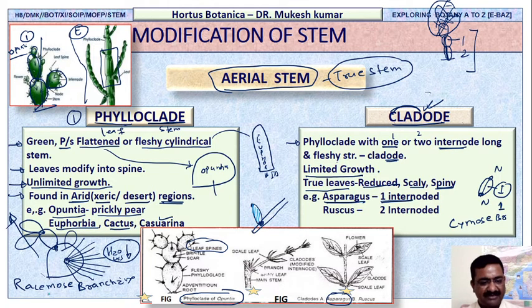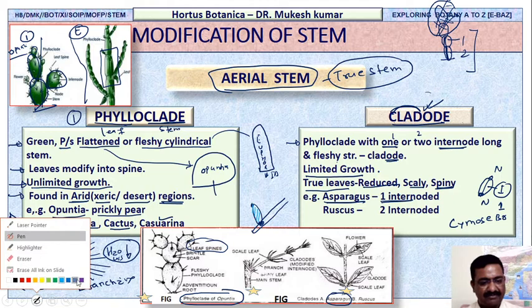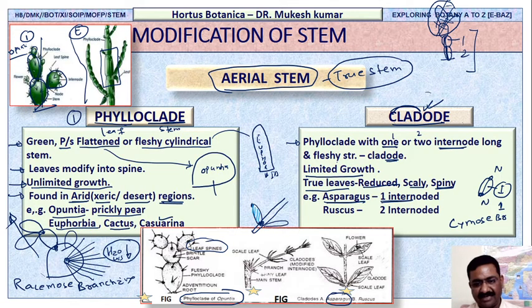Okay, again you can show another, yeah, so this is 1 and 1, 2, and this is one internode. So these are in fact stem, but this appears like a small reduced leaf, isn't it? So it's a modified stem. Which one? Cladode is the modified stem, which is a very small stem of 1 or 2 internodes.